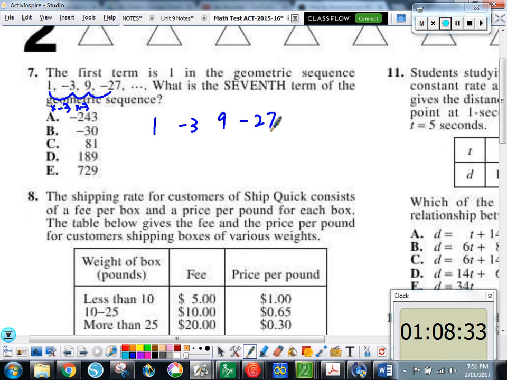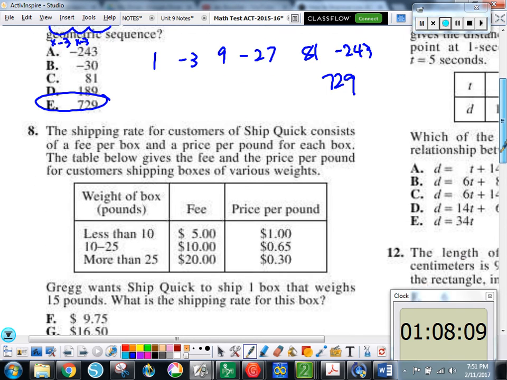Multiply that by -3 is 81. Multiply that by a -3 is -243. How are we? 1, 2, 3, 4, 5, 6. Multiply that by a -3 is 729. 729.